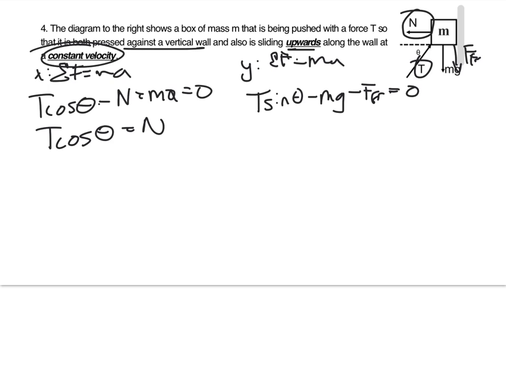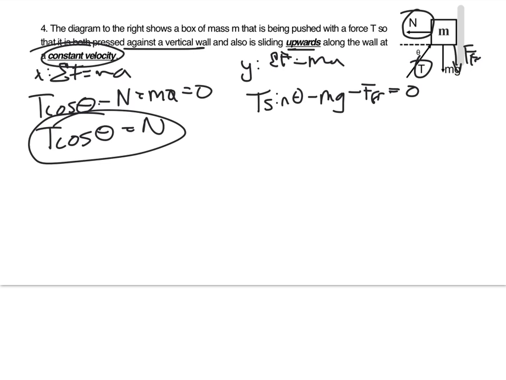So it says, what's the magnitude of the normal force? And it gives us T as 120, theta as 70, and m as 9 kilograms. I'm not going to write those out because we're going to get a little cramped, so please be following along in your homework packet so you can see where I'm getting those numbers from. So let's substitute those into the equation that has my normal force in it.